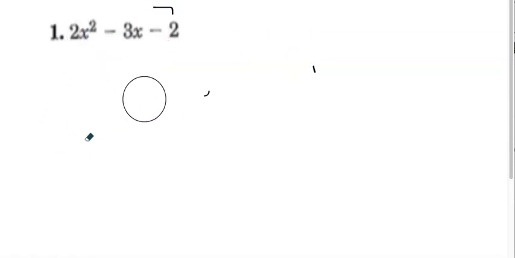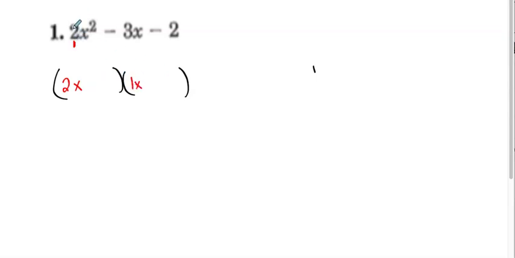All right. So again, I want to break this up into two quantities. This first coefficient, I need factors of 2 to go into these two positions. There are only two factors, right? 2x and 1x is the only way I could get 2.